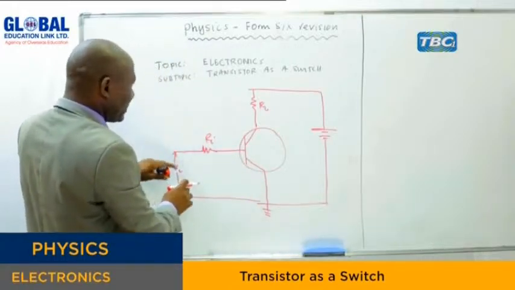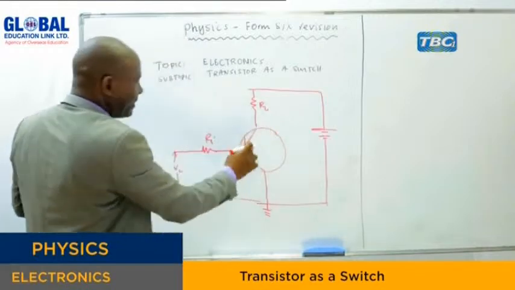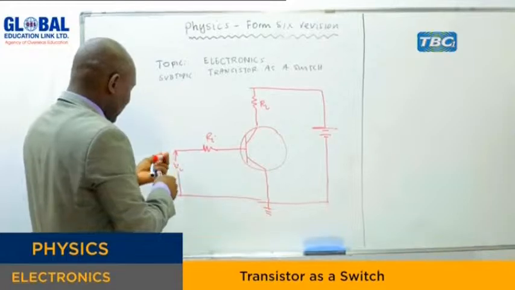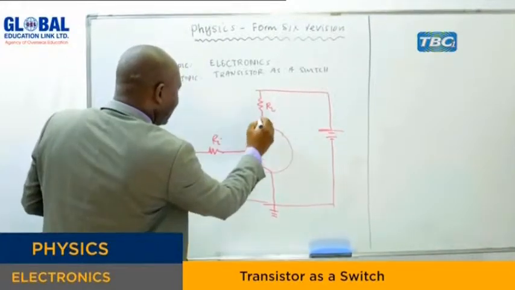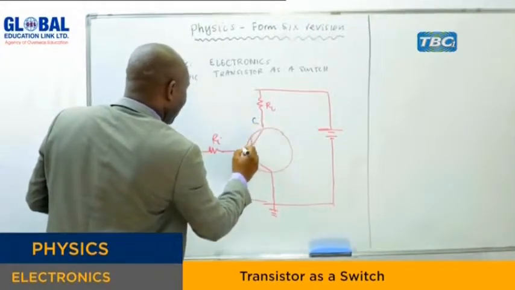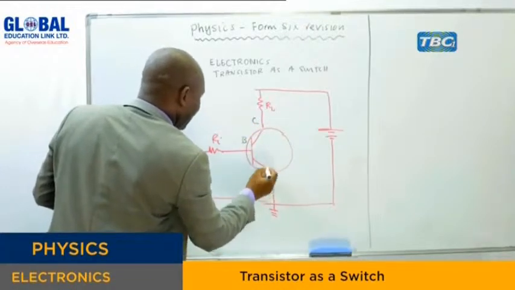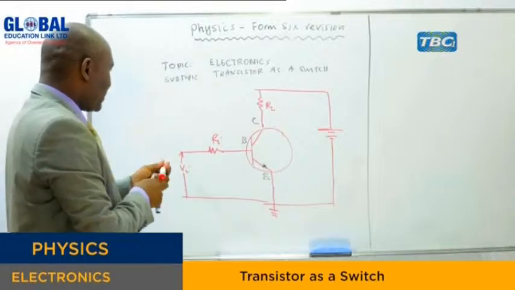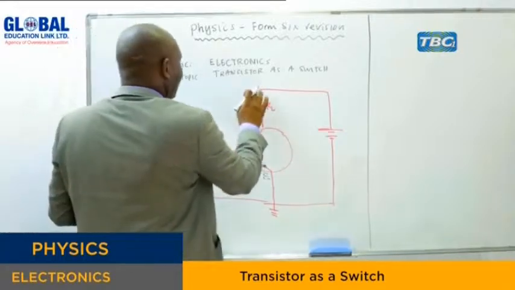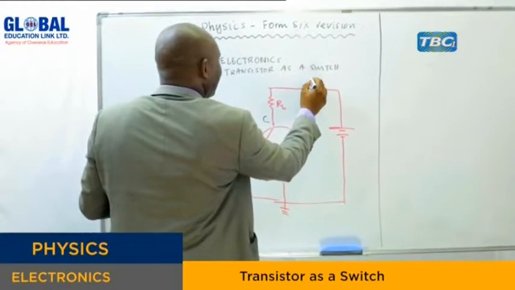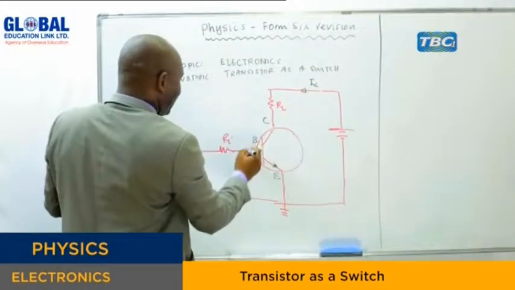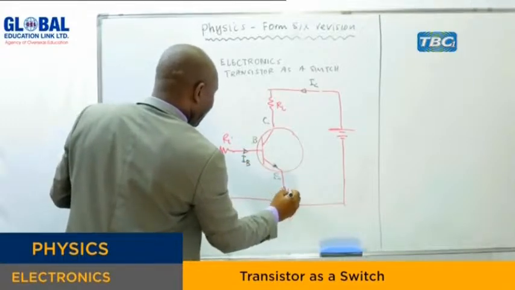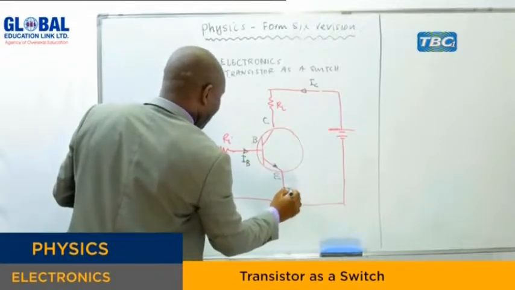Of course, we have the voltage applied here, but you know the output is supposed to be collected across the collector and the emitter. So that's where you find the output. This is our collector, this is our base, this is our emitter. Let's consider that we are talking about the NPN transistor, such that here we have the base, the collector current produced by the base, and then the emitter current.